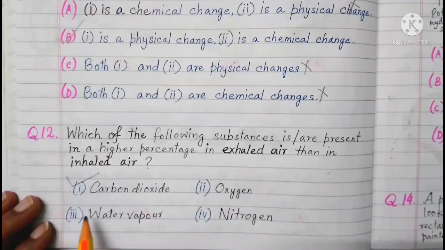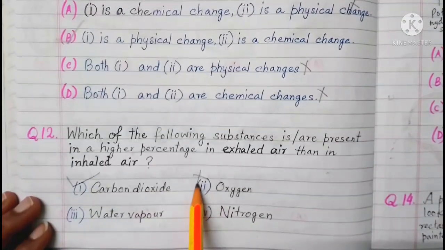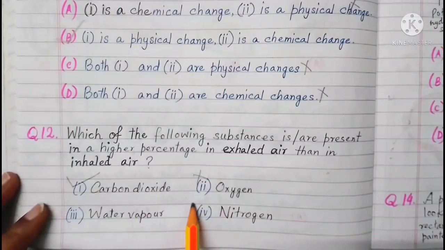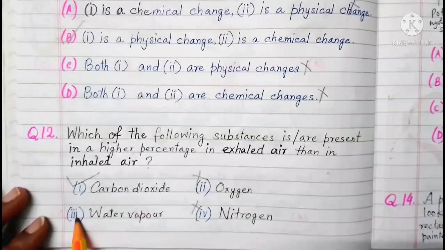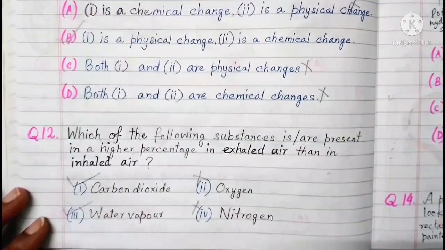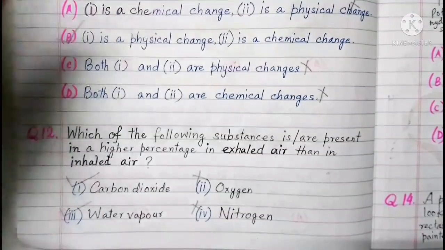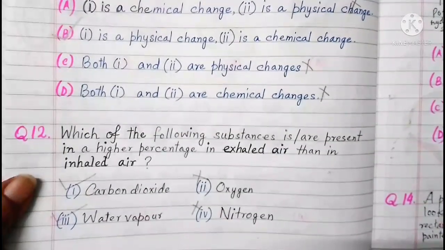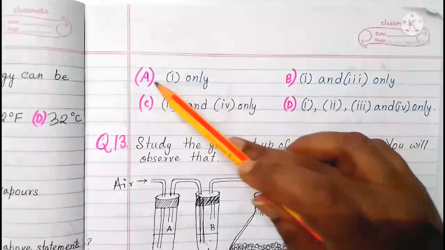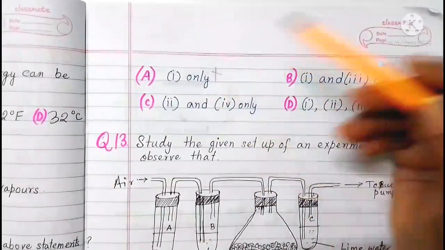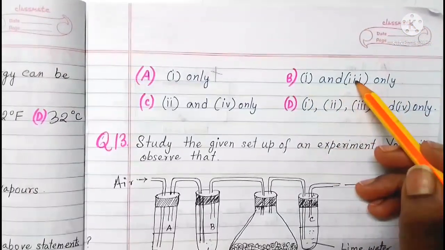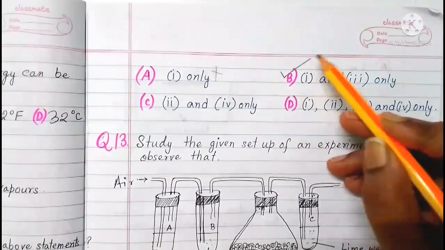Oxygen is not higher, and nitrogen you can ignore because nitrogen is always present the same in both. Now comes water vapor. Yes, water vapor is also present in a very high amount in the exhaled air. So A, 1 only, that means carbon dioxide only? No, this cannot happen. B, 1 and 3. Yes, I think this is true.